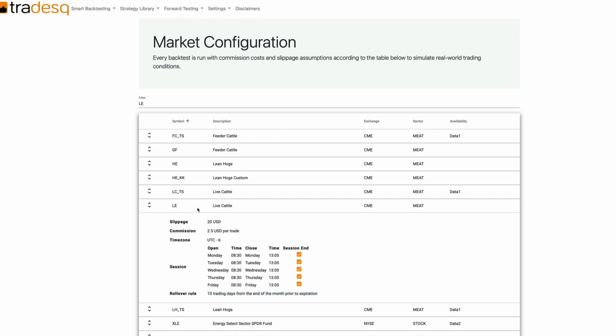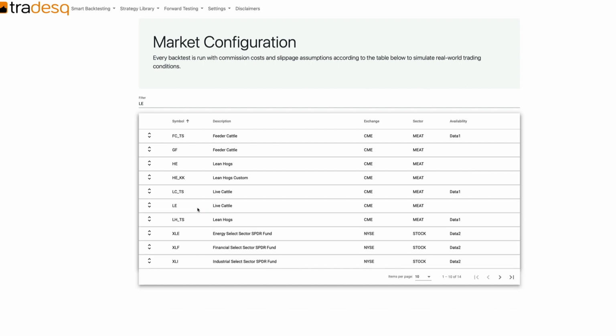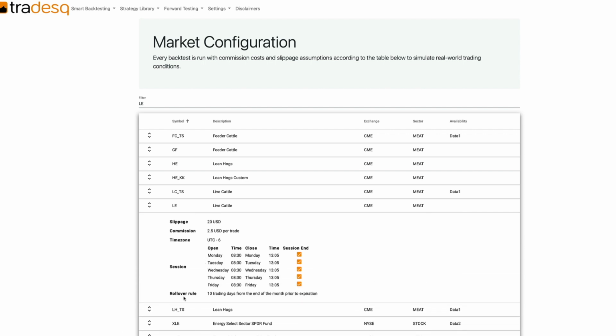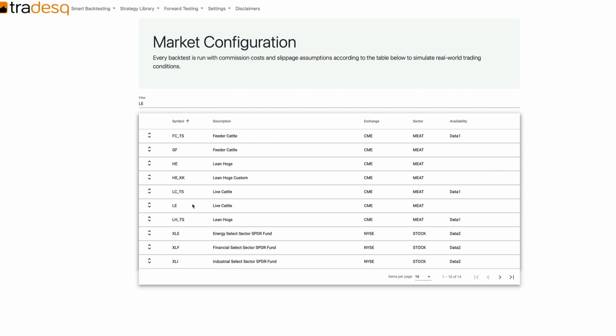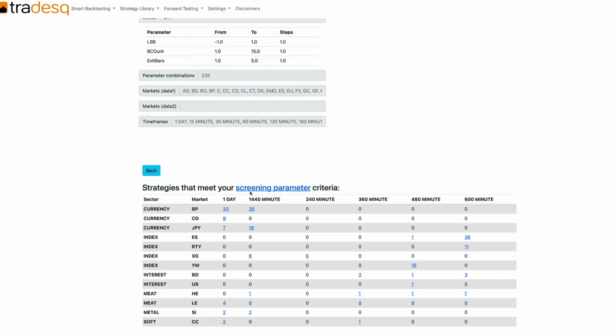So this just gives you insight into some of the more technical aspects of slippage and commissions, sessions, and rollover information that were used and assumed throughout the backtest. I think I may have misspoke and called this lean hogs when it was live cattle.